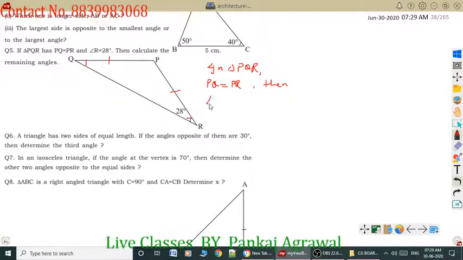You can write angle Q equal to angle R. Why? Because opposite angles of equal sides are also equal.